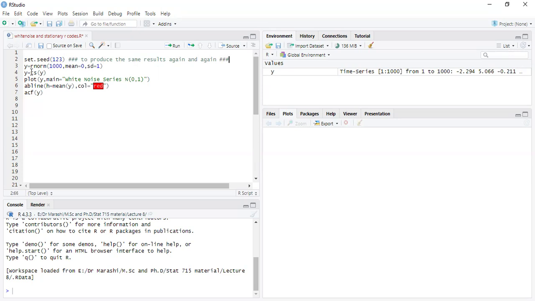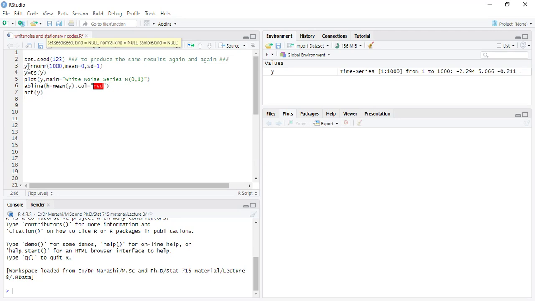Because whenever we use a random number, random normal, if we don't use this, we will be getting a different result every time. So it will be difficult for us to study this thing. So set seed means that if you repeat this a hundred times, you will get the same results. This is for teaching purposes.